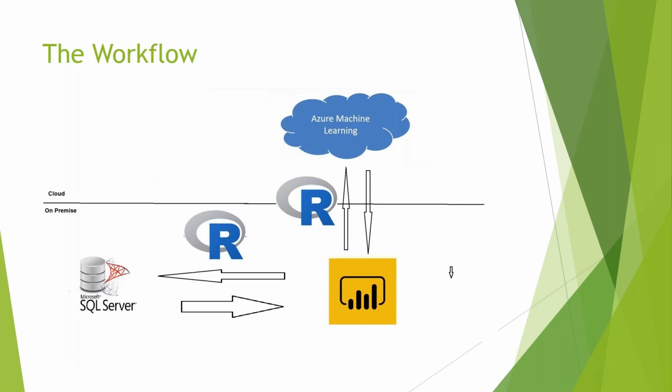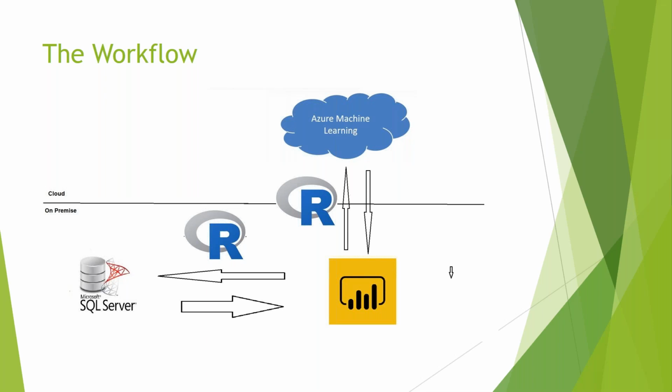Now, the workflow that I'm going to show you today is: you create your model on Azure Machine Learning and train it, and once you are happy with the model, you operationalize it, and then use R code to get the results of the model into Power BI.